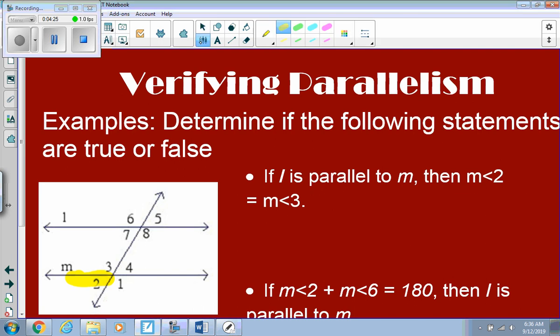So we're going to highlight 2 and 3. Again, I need it to be one of those 5 things: alternate interior, alternate exterior, corresponding, consecutive interior, consecutive exterior. Now, I'm looking at 2 and 3, and that vocab word is a linear pair.